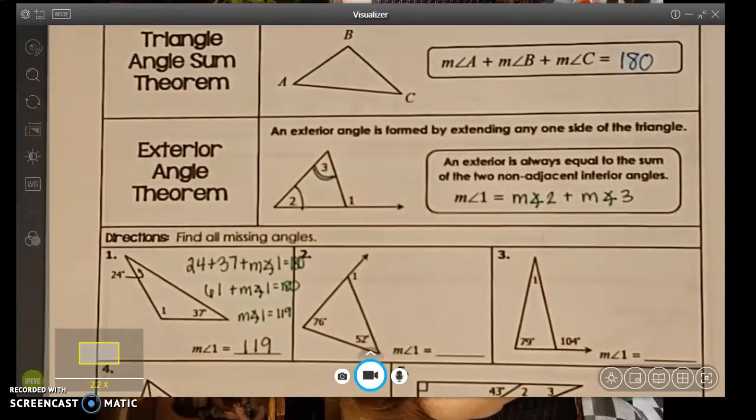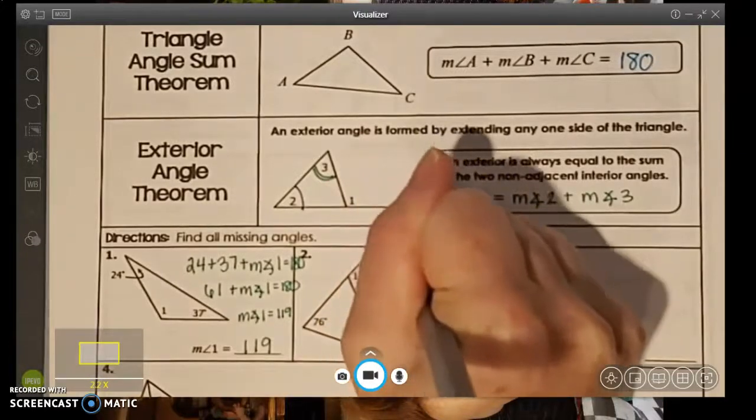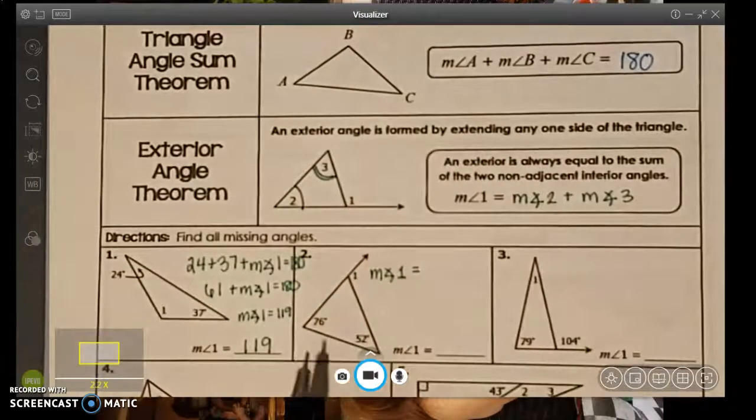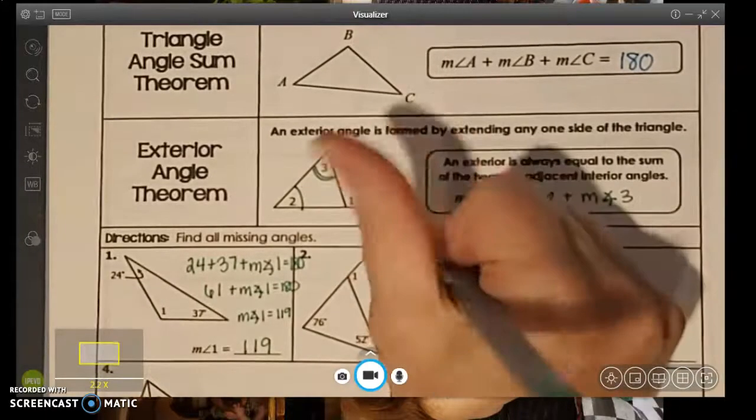All right, next let's look at example 2. Example 2 has the measure of angle 1 as an exterior angle. So we know that the measure of angle 1 is going to be equal to the sum of the two non-adjacent interior angles. So that's 76 and 52.